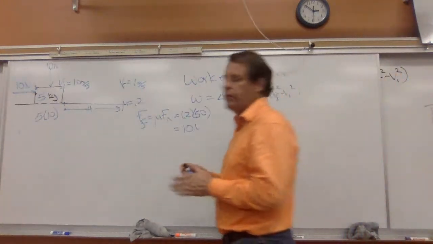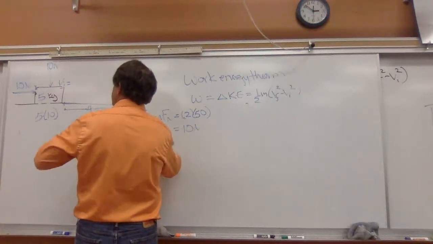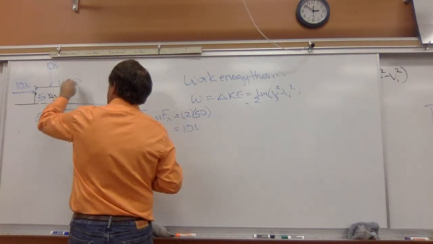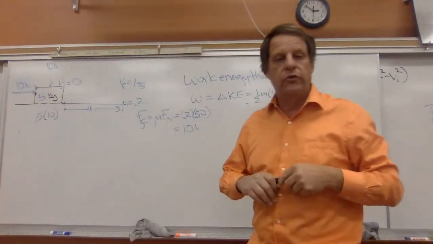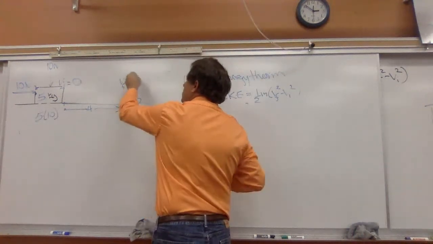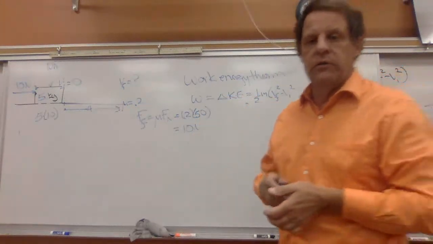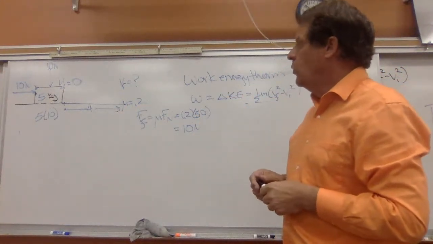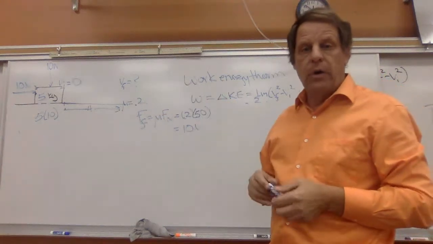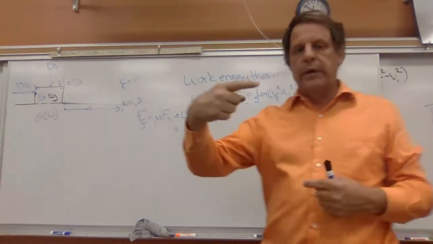So what if we now said this initial velocity was 0, okay, and we don't know what the final velocity is. Well, now when we add up all of those forces, what are the sum of the forces?